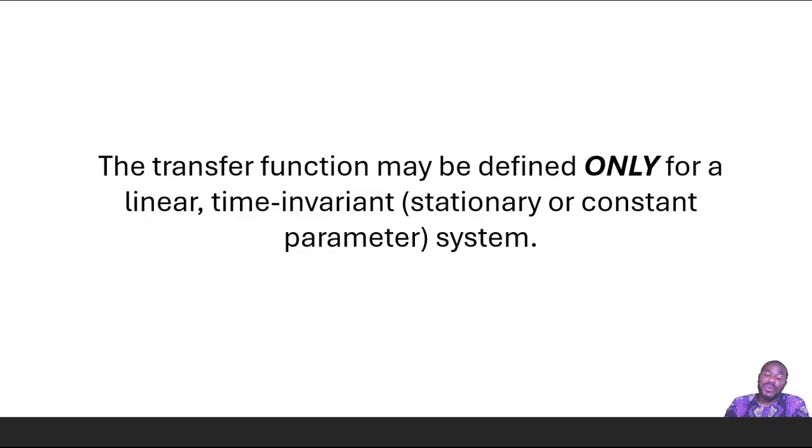So sometimes when we find systems that are not linear, we first need to linearize them. So we'll be looking at techniques of linearization at some point within this course, right? So what you work on to get the transfer function is the linearized differential equation of that system.